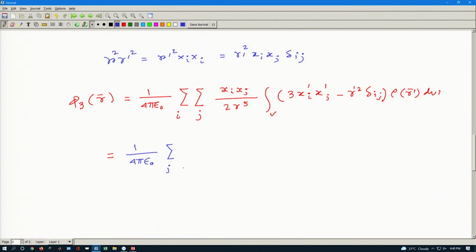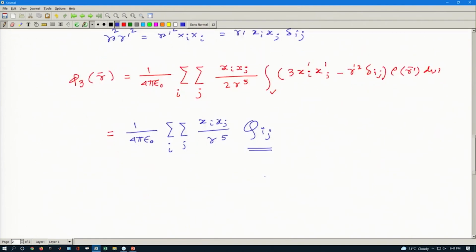So this is the sum over i and j of x_i x_j divided by r to the power 5, and the rest of the term I write as Q_ij. This is the quadrupole term, this Q_ij, and you can see that this comes out to be a tensor quantity.